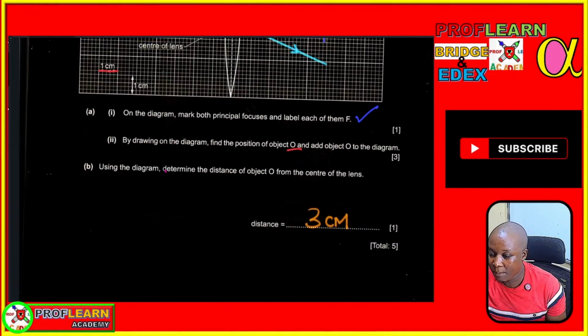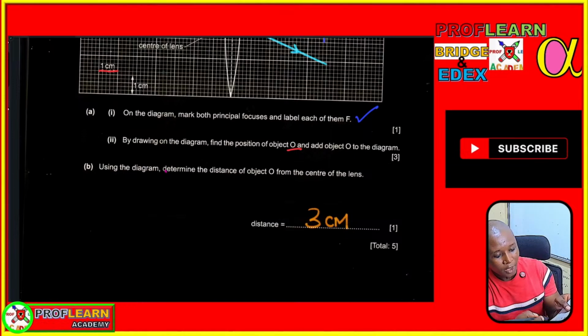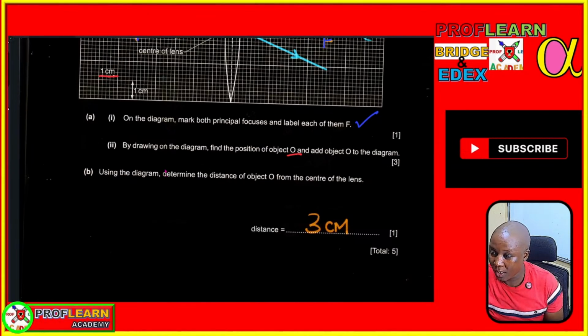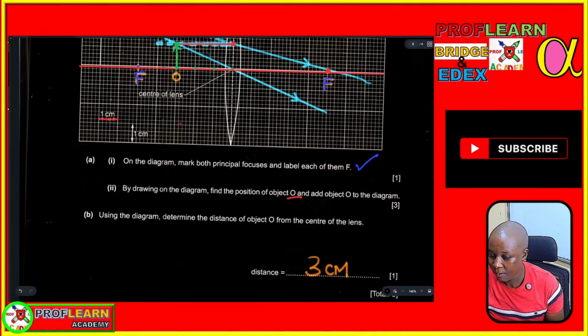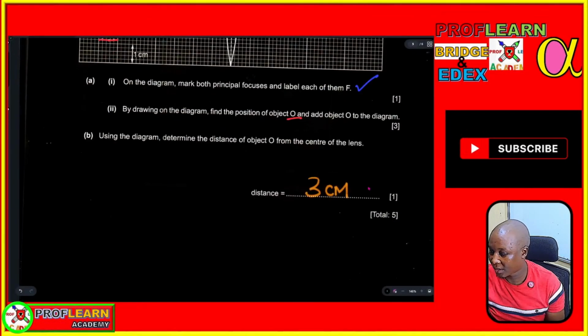Using the diagram, determine the distance of the object from the lens. If 1 square represents 1 centimeter, then we count how many squares we have. From here to here we have 1 centimeter, 2 centimeters, then 3 centimeters is the distance we have here.